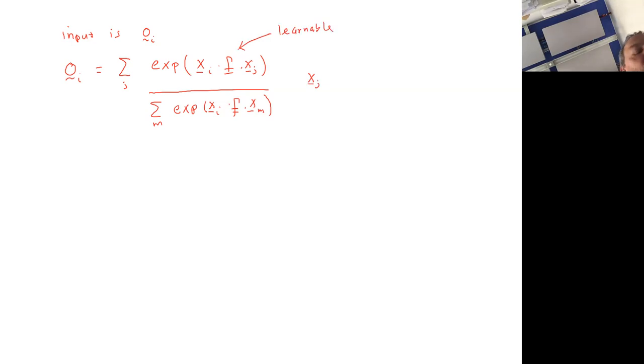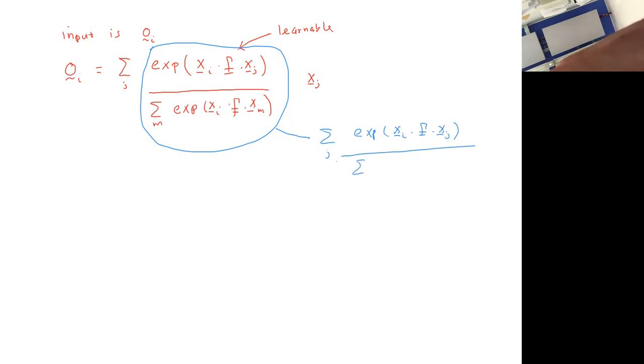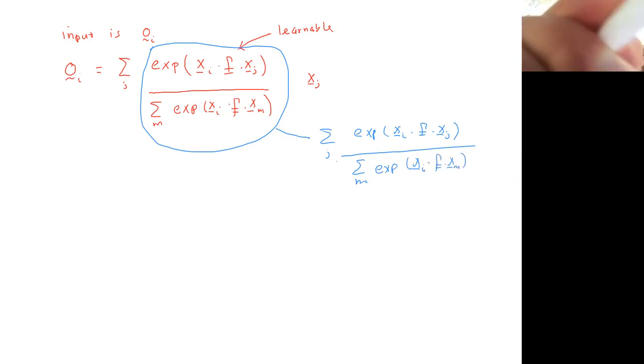And you can kind of see what this does. This is a softmax operation. If you take the sum on j of this whole term, exp of xi dot gamma dot xj over the sum on m of exp of xi dot gamma dot xm, this equals 1.